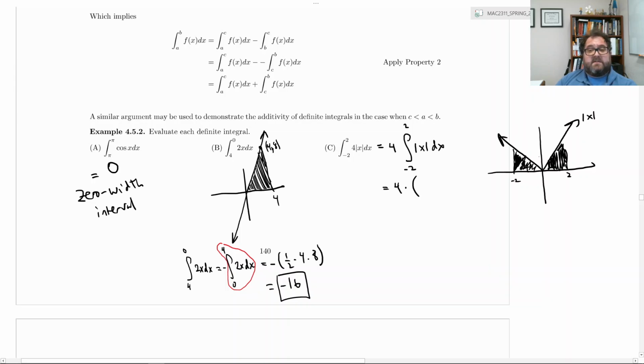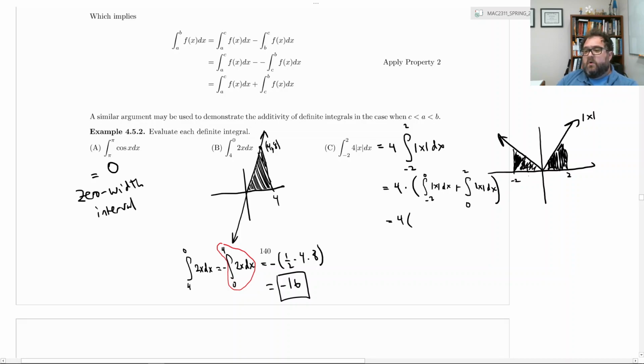And by the way, technically what we're doing here is the definite integral from -2 to 0 of absolute value of x dx plus the definite integral from 0 to 2 of absolute value of x dx, because we're going to find those triangles' areas individually. Okay, so 4. Now, it turns out they're identical triangles because of the symmetry of absolute value.